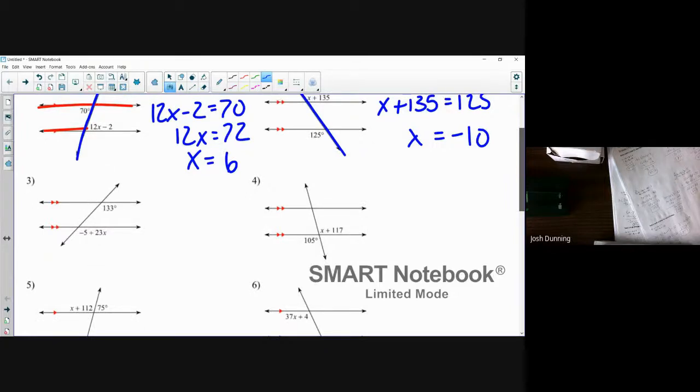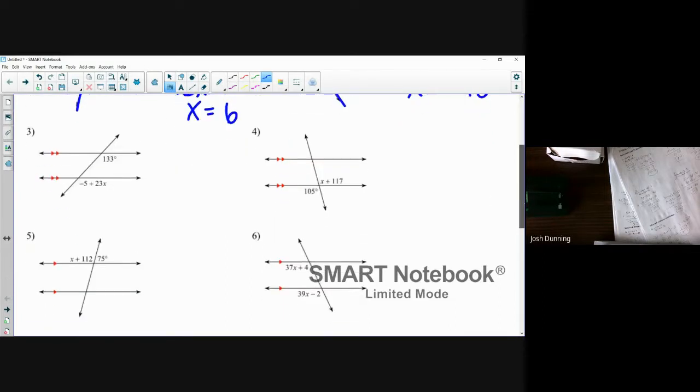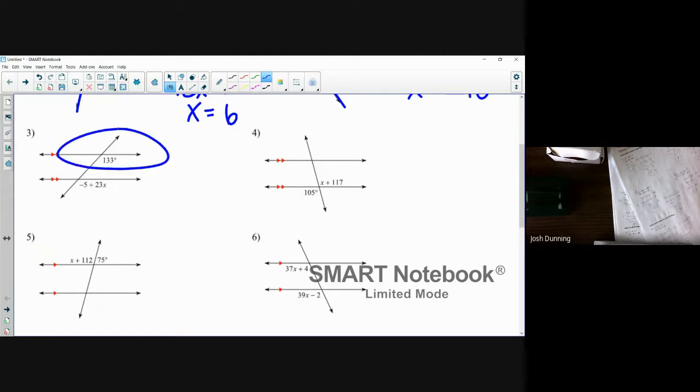Now on 3, if you were to picture taking the top intersection and just sliding it down, that 133 would land right on the negative 5 plus 23x. So those are corresponding.